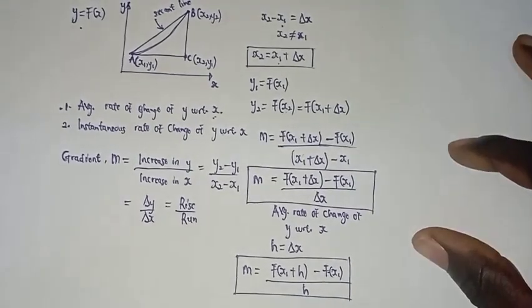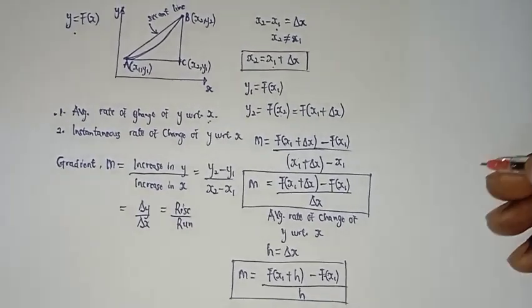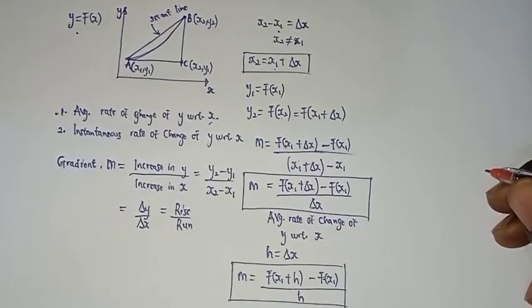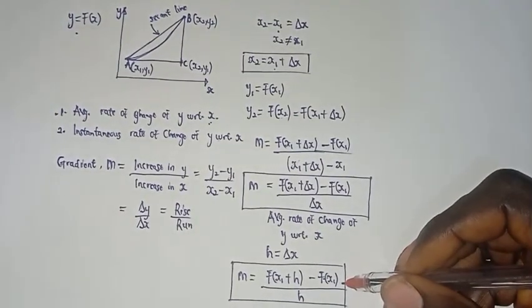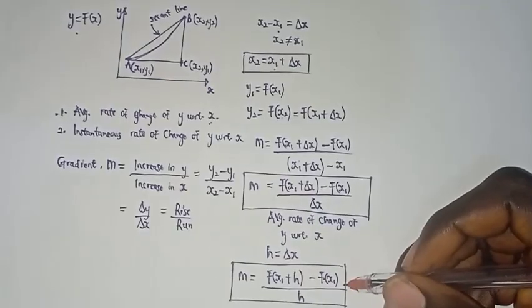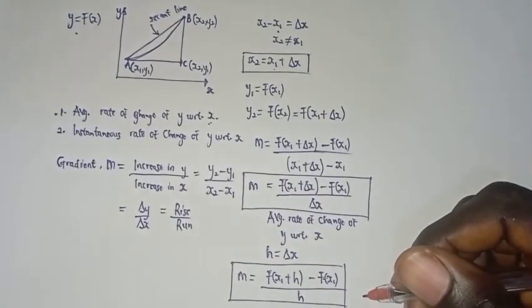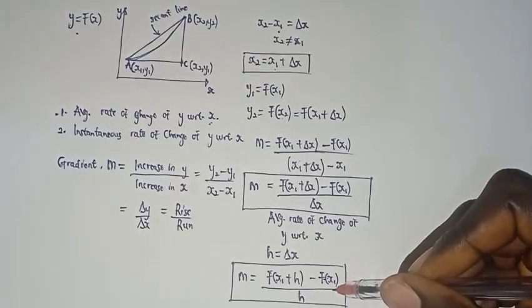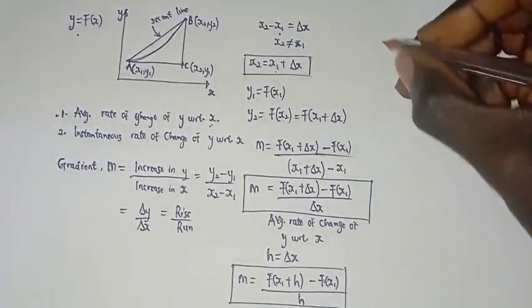So to get the instantaneous rate of change of y with respect to x, we introduce limits. We take the limit of this formula, the average rate of change of y with respect to x, as h approaches 0.